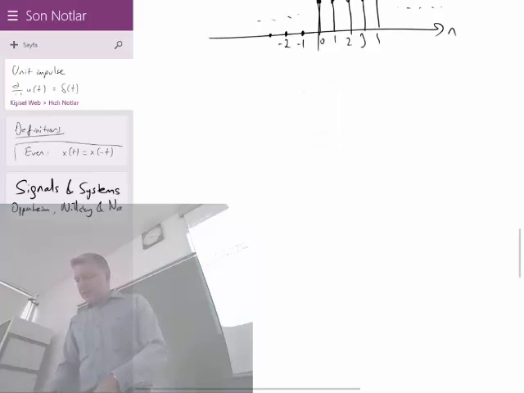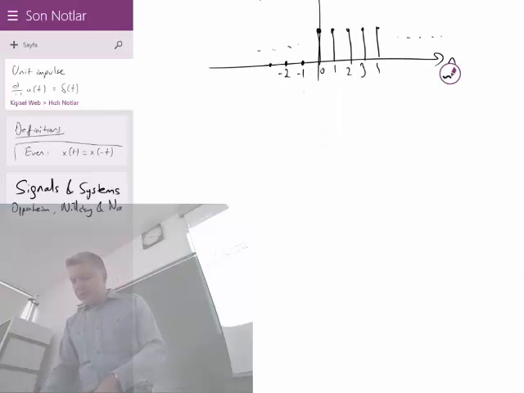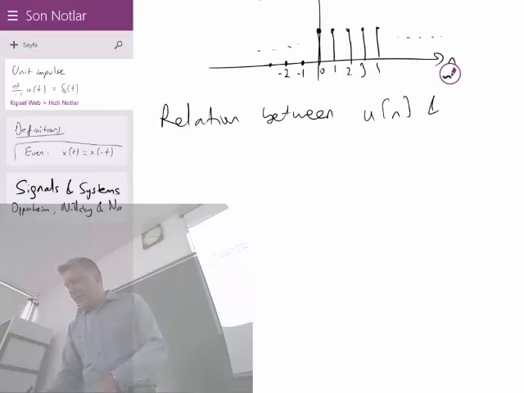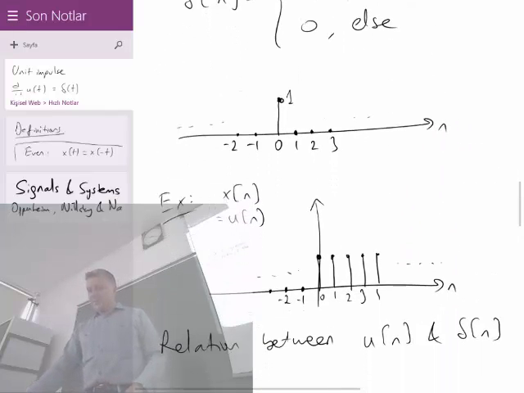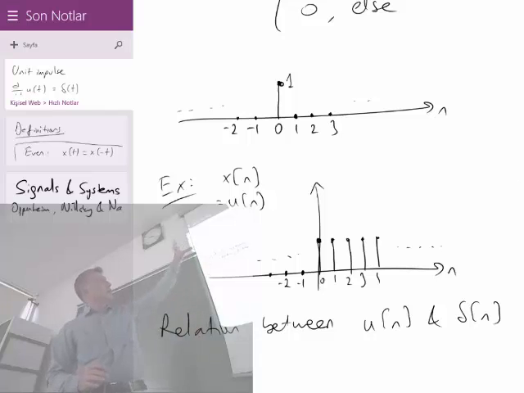By the way, could you see the relation between u of n and delta of n? What's the relation between them? You see, one of them is one sample at 0, the other one is all ones starting from 0. Can you write one in terms of the other?